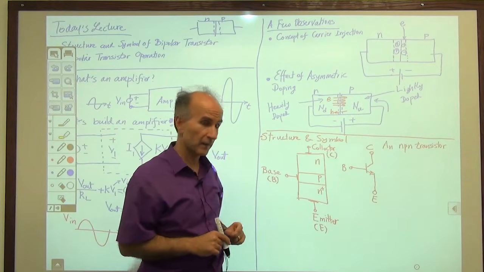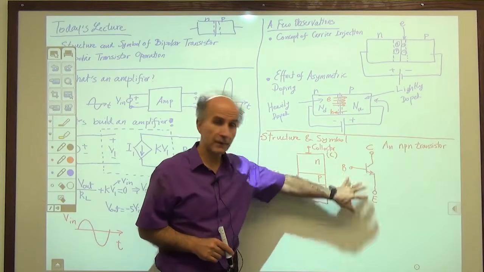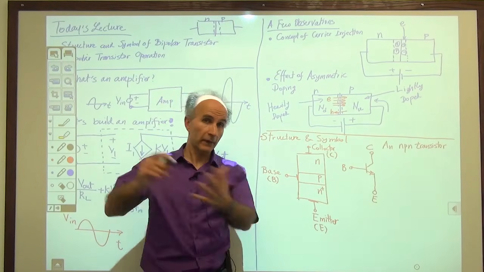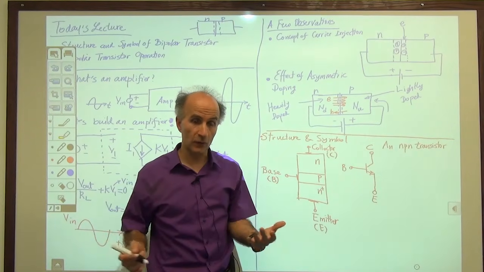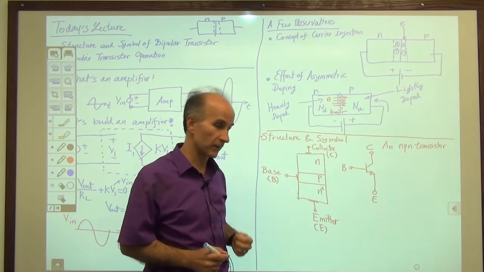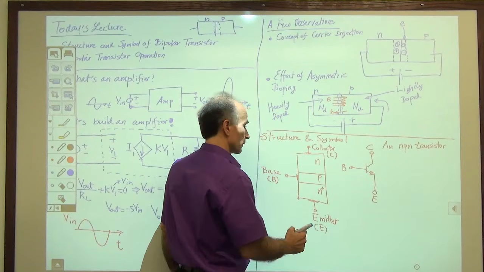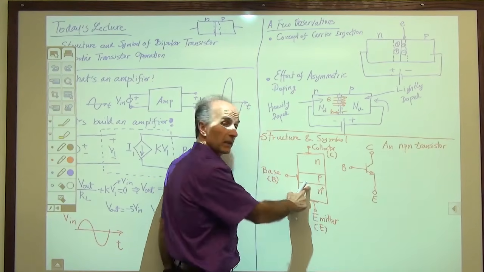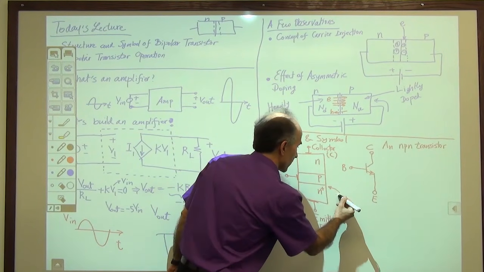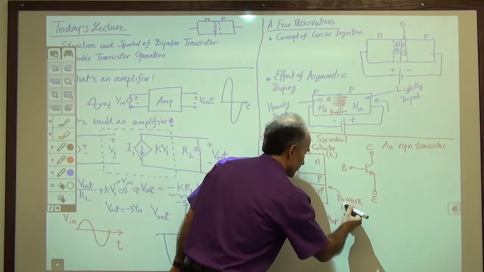The good news is that only one combination of voltages around this device actually makes it a useful device. There are many other combinations, but they're not very useful, so we don't even have to think about them. The combination that we will be using is as follows. So, in our studies, this is what we assume. We assume that this junction is forward biased.